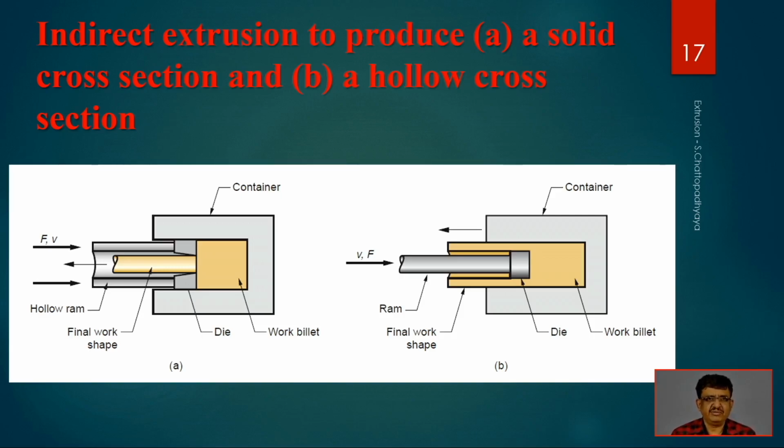This is the utility of the mandrel. With a mandrel, the thin sections are formed around the periphery against the die, and hollow sections come out of it. So that is the mandrel's role in giving these hollow sections.